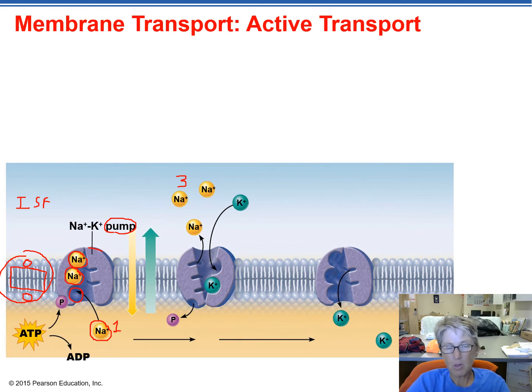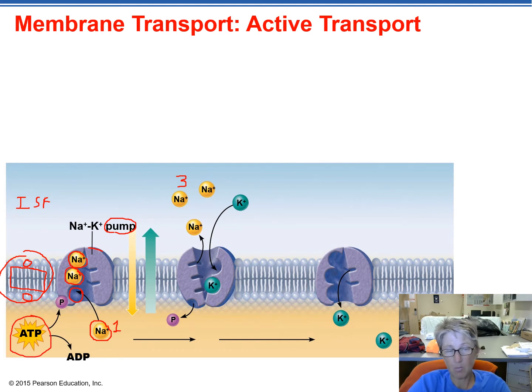That means sodium's going against its concentration gradient, because remember, you have a bunch of sodiums on the outside and only 1 sodium on the inside. That means the concentration gradient, if there's a channel open, would tell sodium to move down the concentration gradient, but your cell wants to move sodium against the concentration gradient, so it needs ATP.